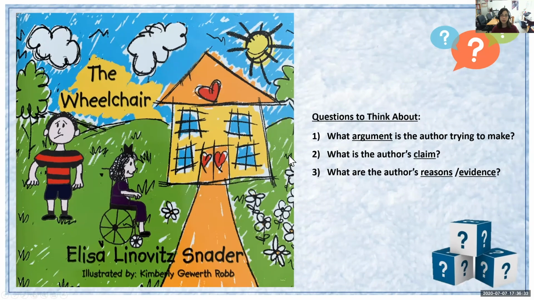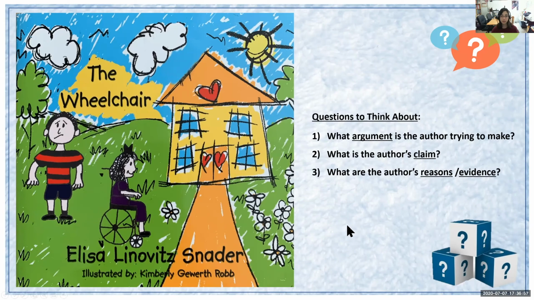Then we talked about what is the author's claim. So I want you to be thinking about what that claim is. So in other words, what is the author's opinion? What is the statement that could kind of summarize what the author is trying to say? Our third question is, what are the author's reasons or evidence? So those reasons and evidence in the different pages.